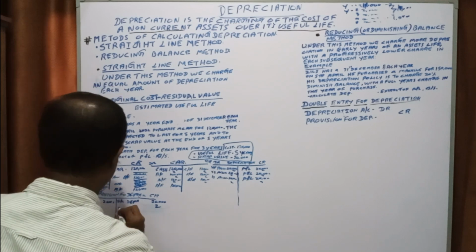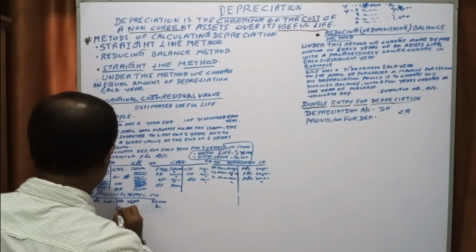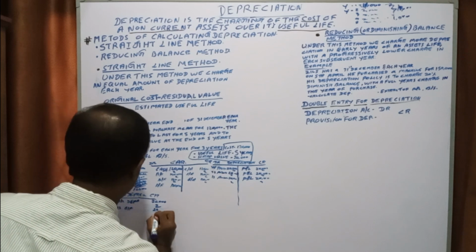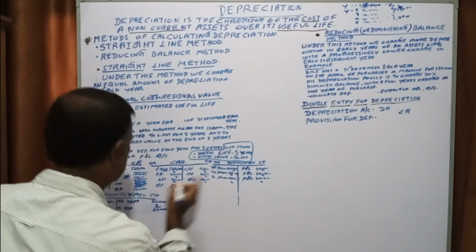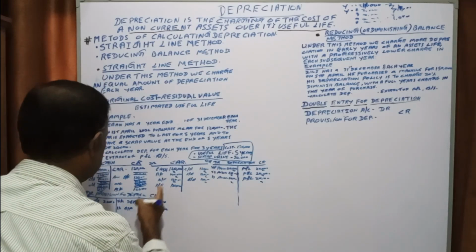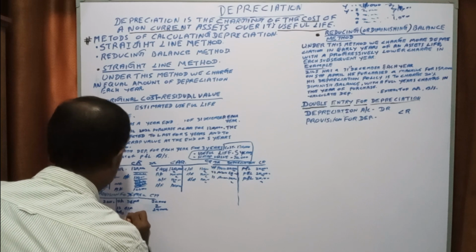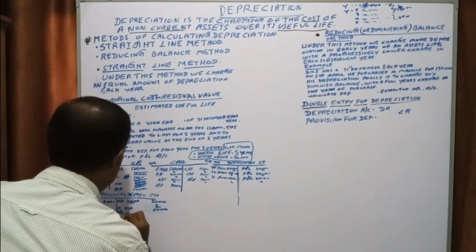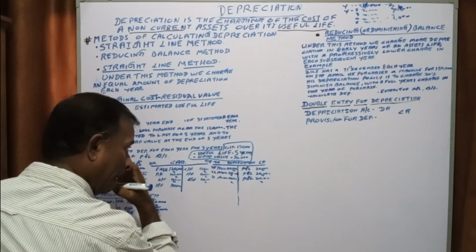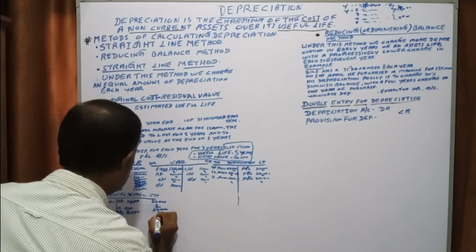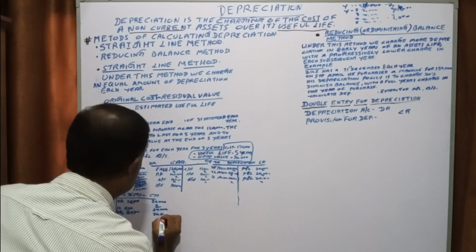Right, here we will say carry down 20,000. Here we will say brought forward first. First brought forward 20,000. Here 31st December depreciation 20,000.